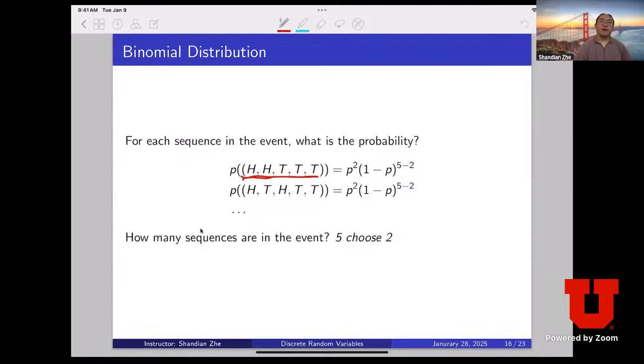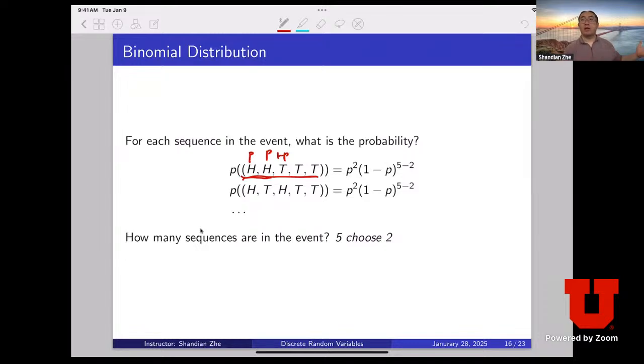Yes, exactly right. Just according to the definition, the probability you see the head in the first trial is P, the probability you see the head in the second trial is P, and the probability you see the tail in the third trial is 1 minus P.